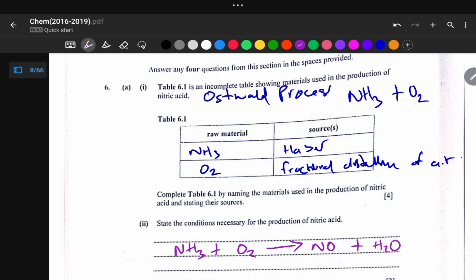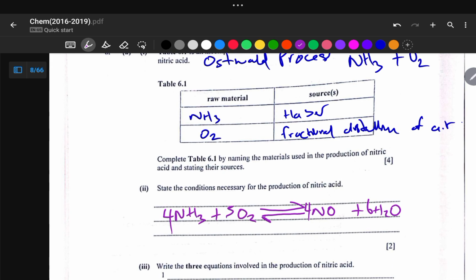To balance this equation, we put a 4 here, and also a 4 here, and a 6 here, and then 5. This reaction proceeds in either direction, meaning it is a reversible reaction. So this is the forward reaction, and this is the backward reaction. This is the reversible sign, right?